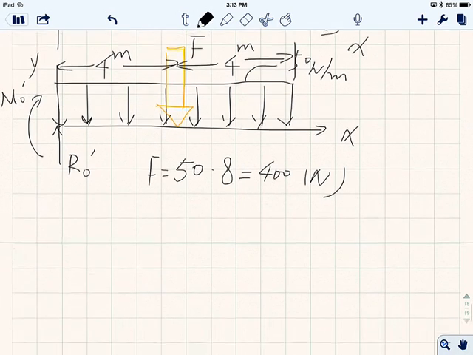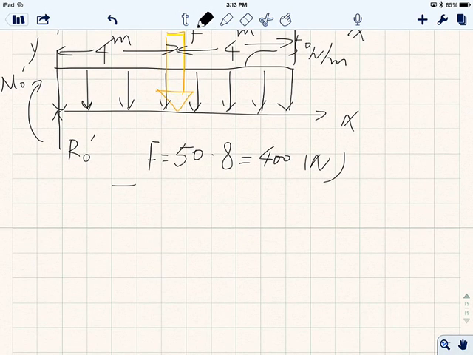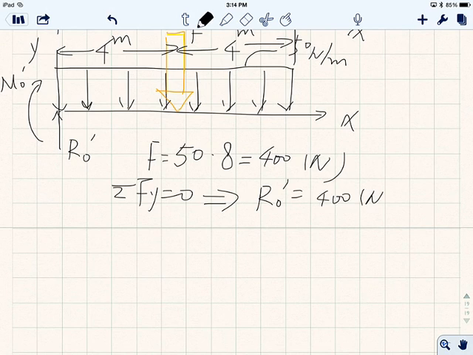All right, so therefore, when we say summation Fy is 0, now pay attention, this time the force is going in the y direction, right? Positive y or negative y. So summation Fy is 0, then we know Ro prime is equal to 400 newtons pushing upwards, because this orange force is going down, right?